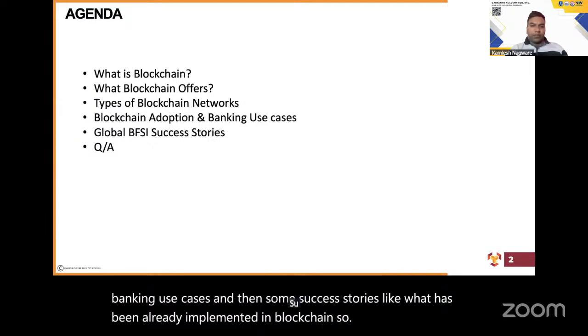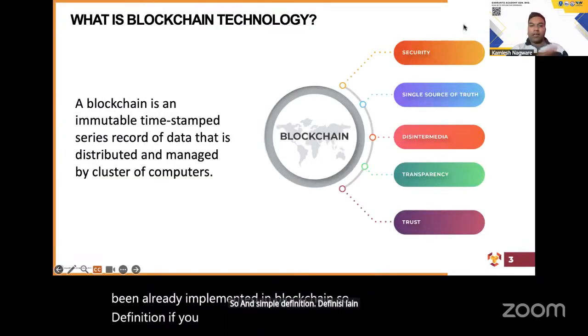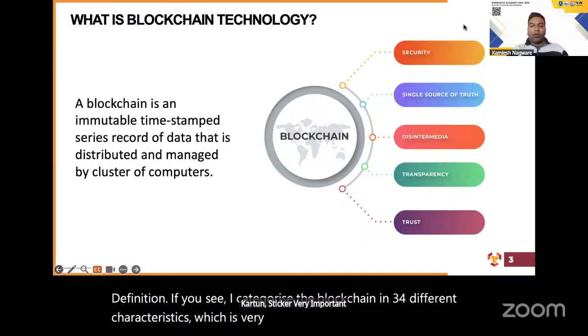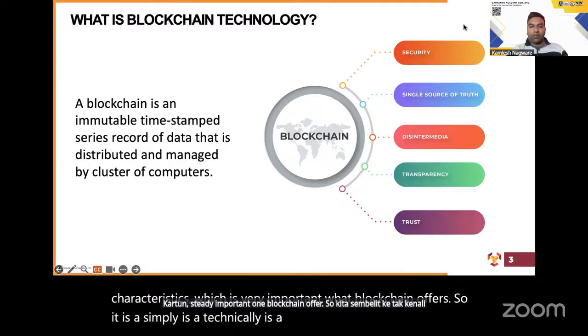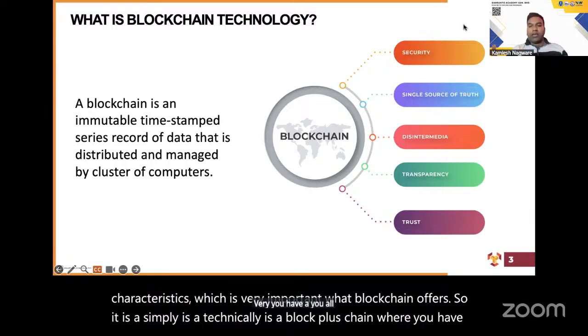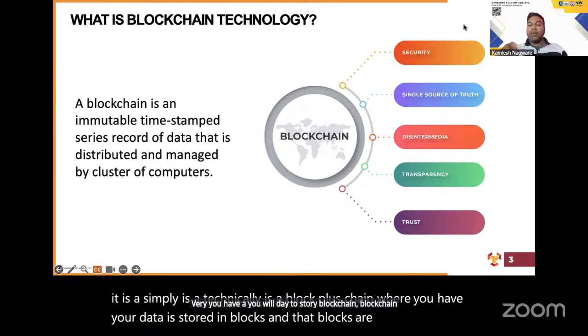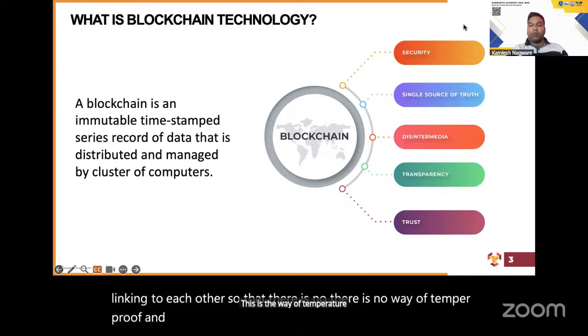In a simple definition, I categorize blockchain into four different characteristics, which are very important in what blockchain offers. Technically it is a block plus chain, where your data is stored in blocks, and those blocks are chained, linking to each other, so that there is no way of tampering and no way of manipulating the data.